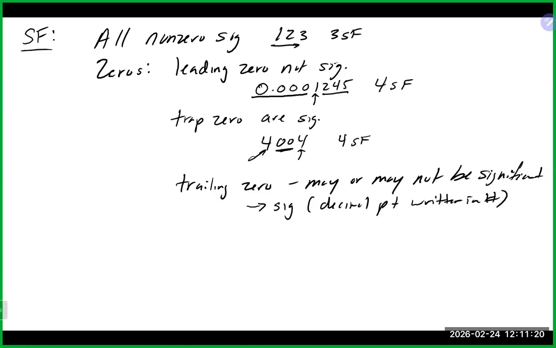So it has to be actually written for those zeros at the end to be significant. So if I had 400 like so, it has how many significant figures? It has 1 significant figure. This is the only one that is significant. If I wrote 400. like so, it now has 3 significant figures with the decimal point there. It makes the zeros at the end significant.